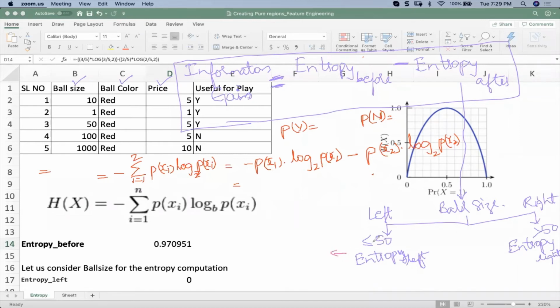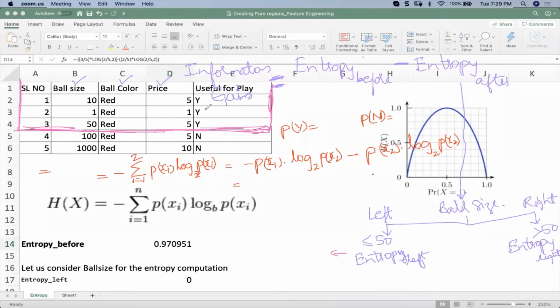Left portion is less than or equal to 50. Which portion is less than or equal to 50? Let's see, this region above is less than or equal to 50.